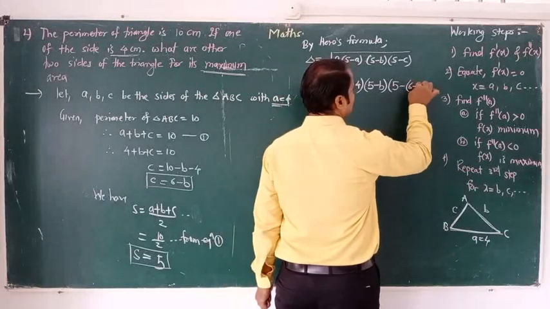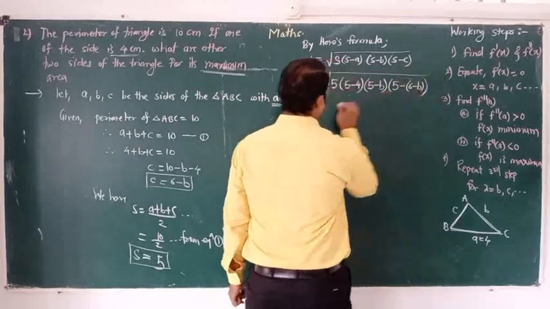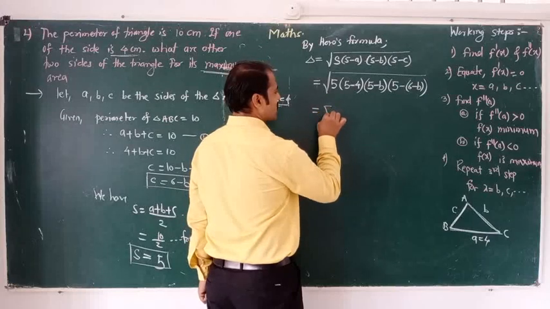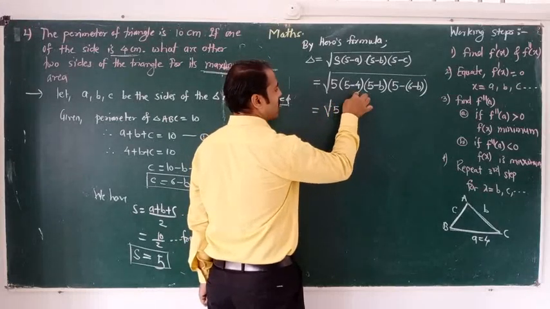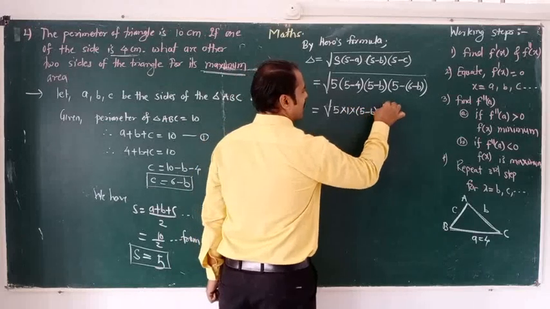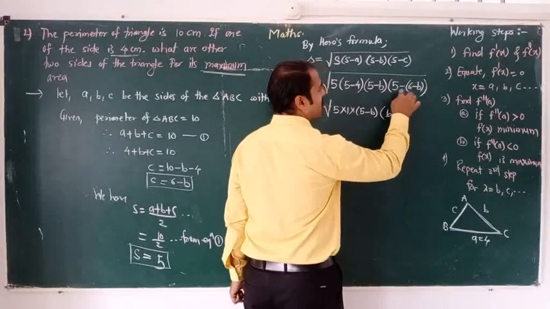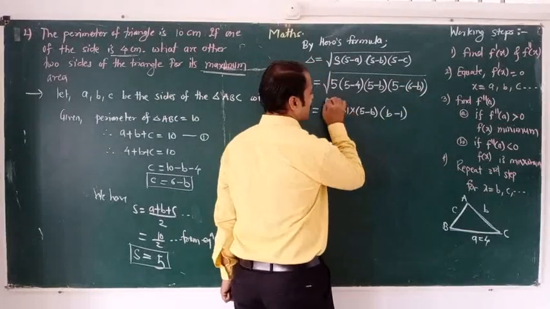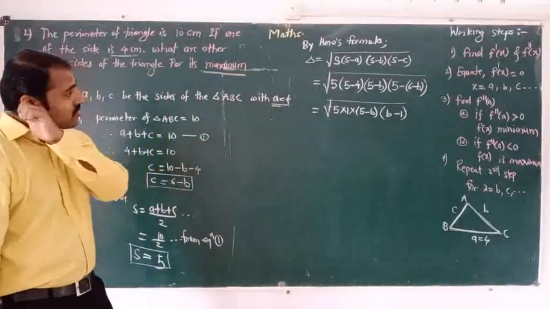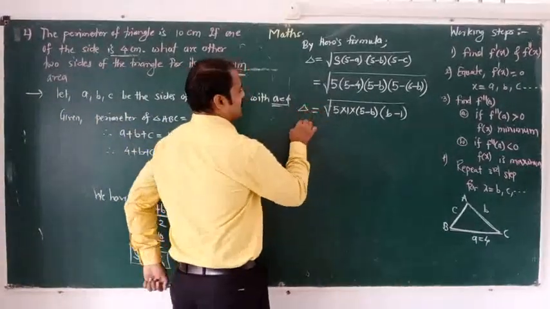So I can write 5 minus c as 5 minus 6 minus b. 5 minus 4 is 1, and 5 minus 6 is minus 1, plus b. So the area of the triangle is equal to root of 5 into 5 minus b into b minus 1.